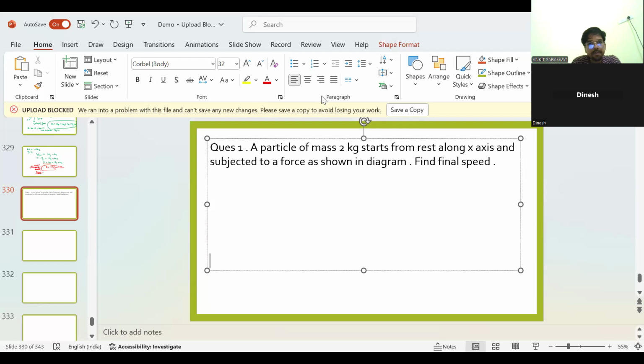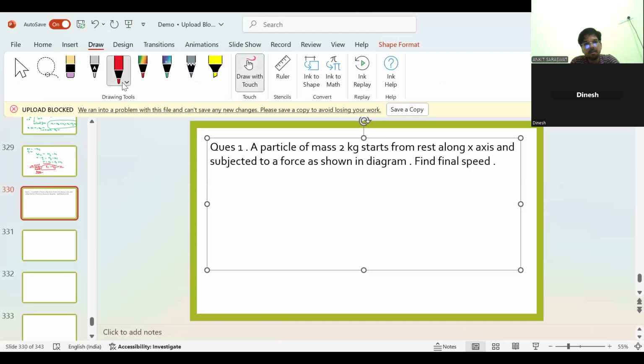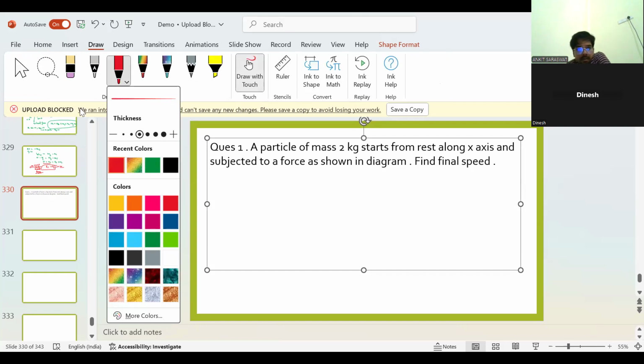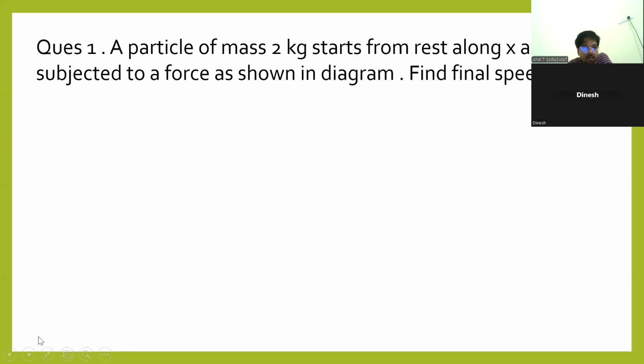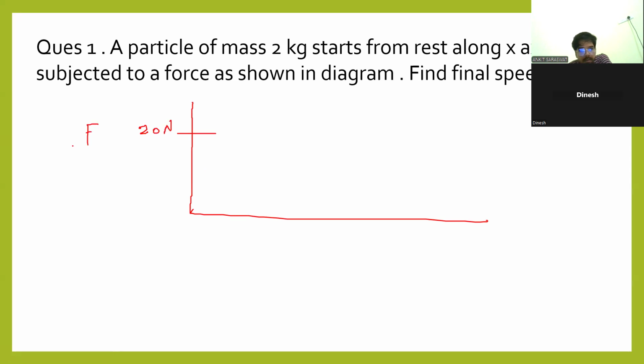Have you written the question? Draw the diagram. This is the force versus displacement graph.